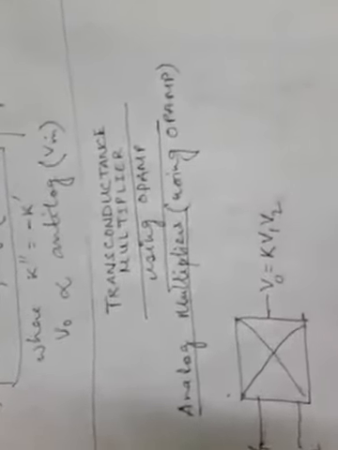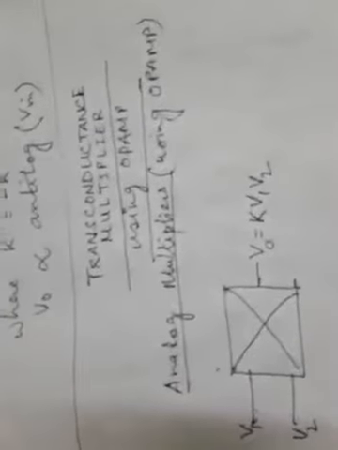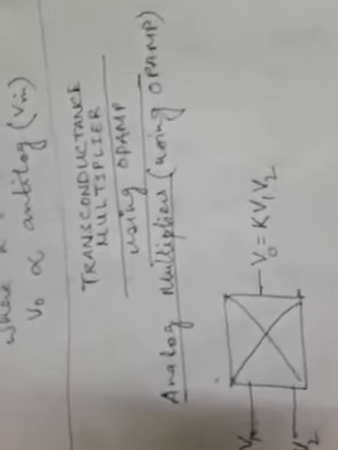That is the product of V1 and V2, the two inputs, multiplied by K, which is called a scaling factor. So K is what? It is a scaling factor. We may be calling in future it as a gain.